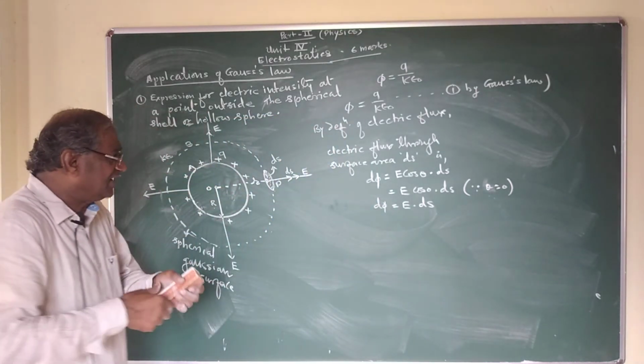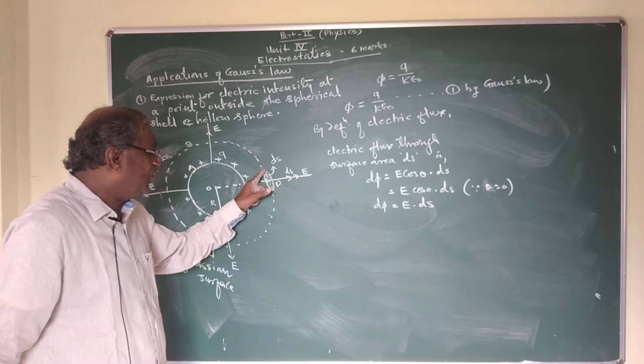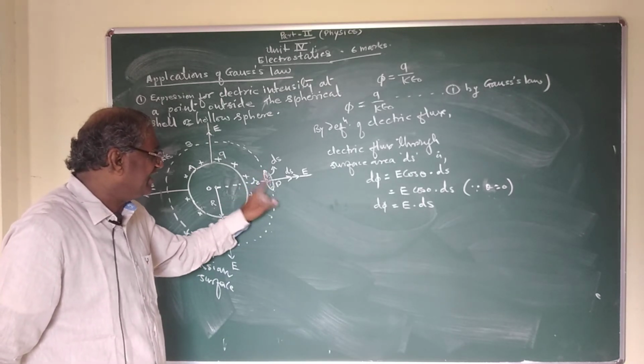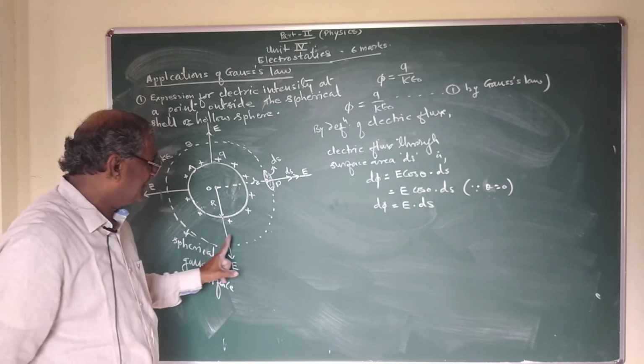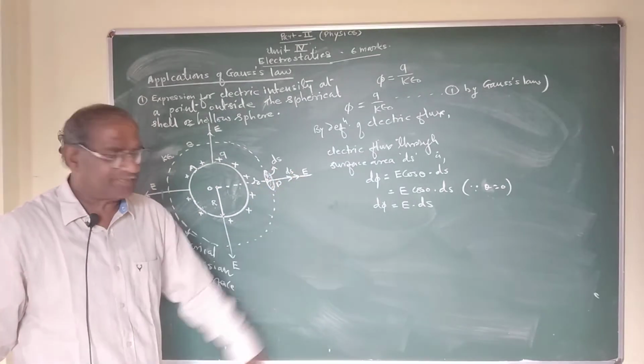This much electric flux is produced over the surface area ds of one of the elements of the spherical Gaussian surface.